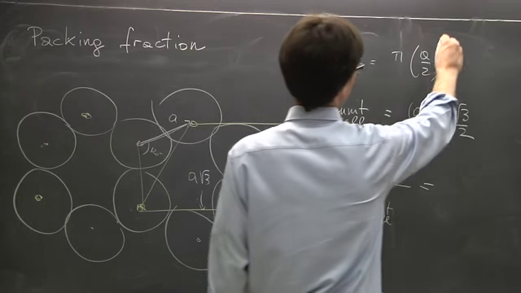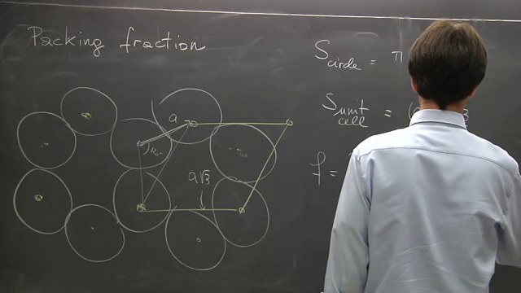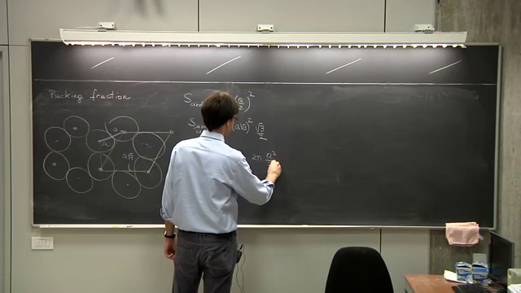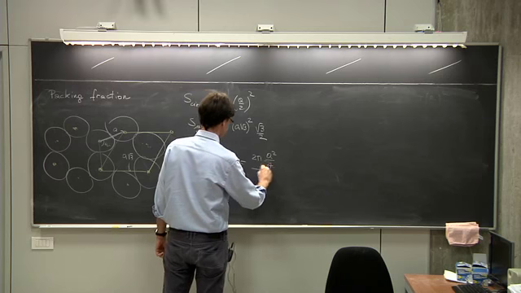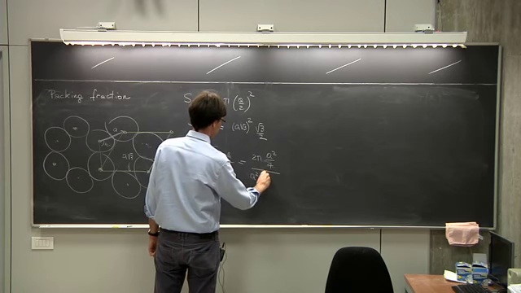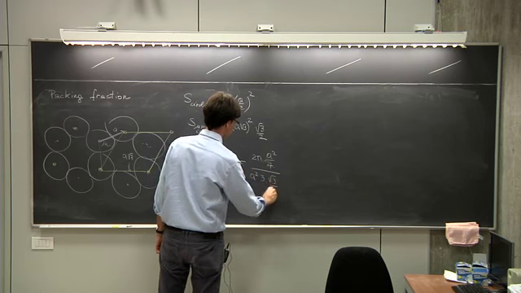Sorry, this is a square, of course. All right, so we have 2 pi a squared over 4, divided by a squared 3 square root 3 over 2.